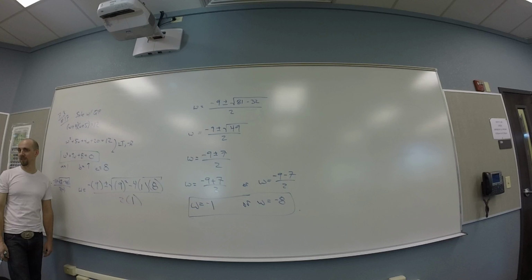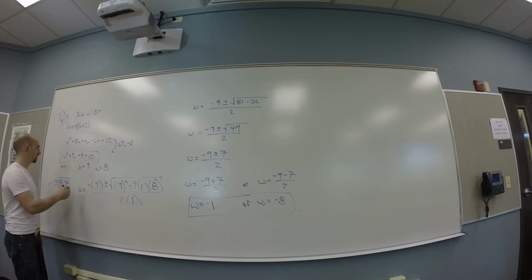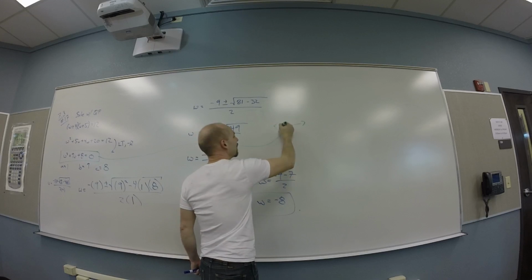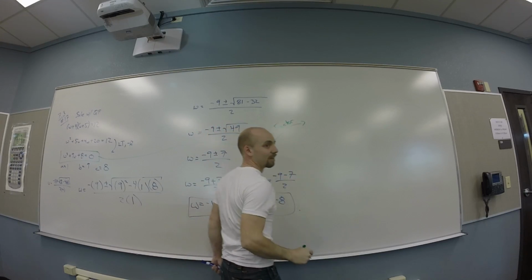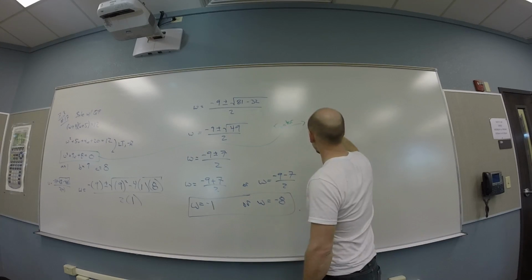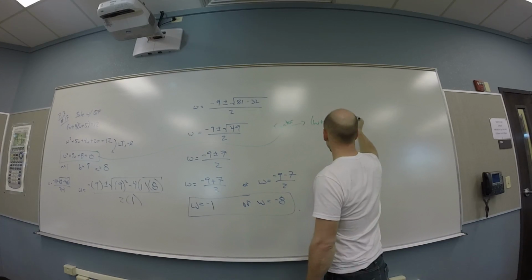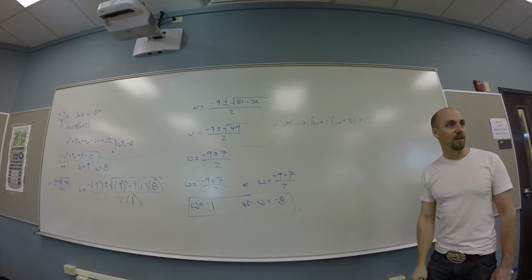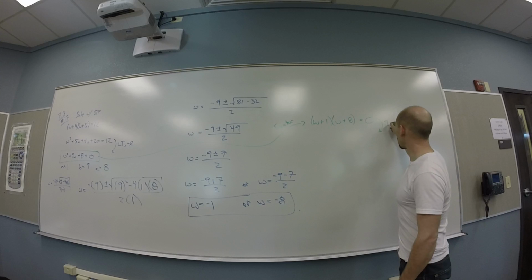You guys see that? It factors into w plus 1 times w plus 8 is 0. And then I might apply the zero product rule.